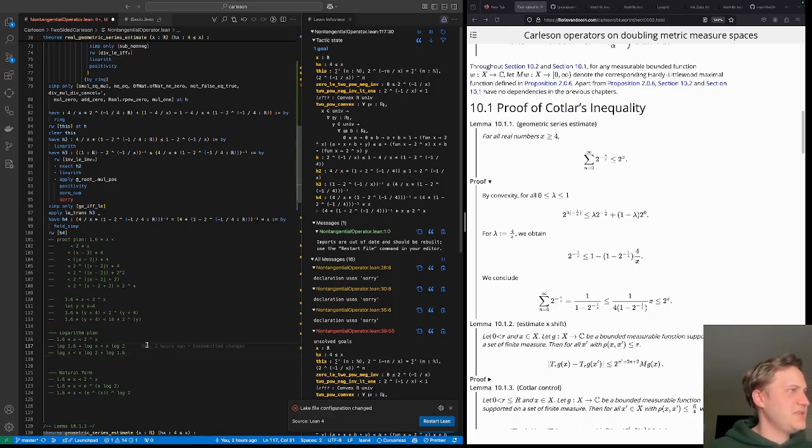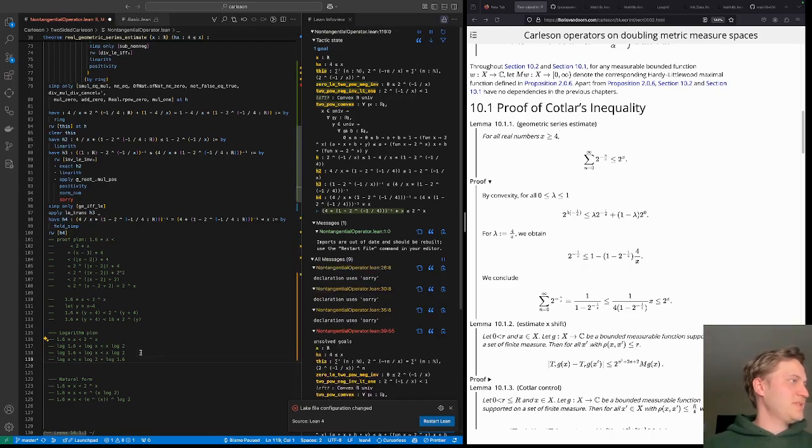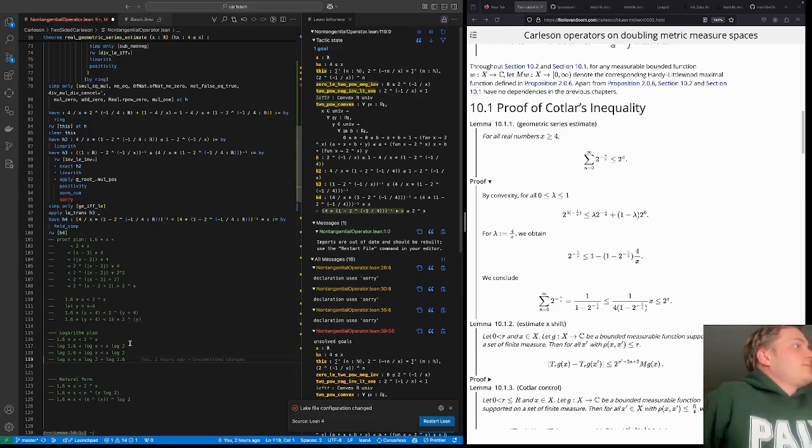Let me just continue rewriting here. The point is I can do the shift thing, which in this framework would equate, yeah, so we've done this. Log 1.6 plus log x minus log x.